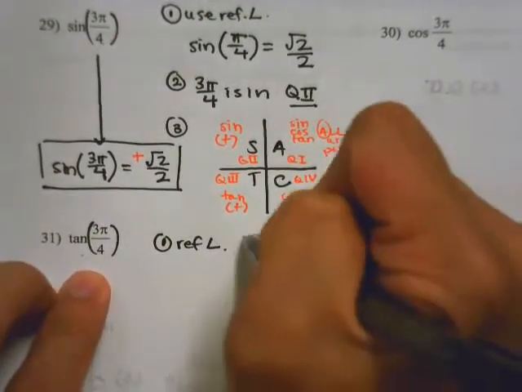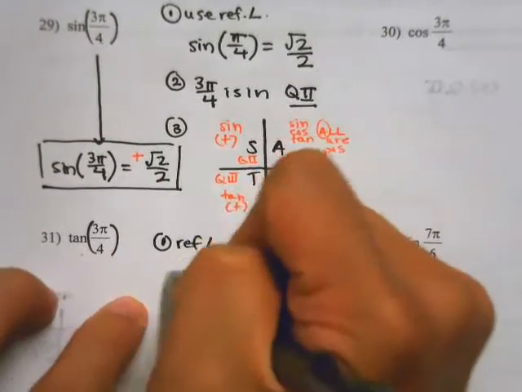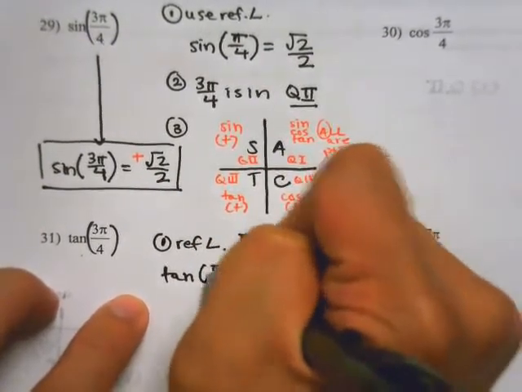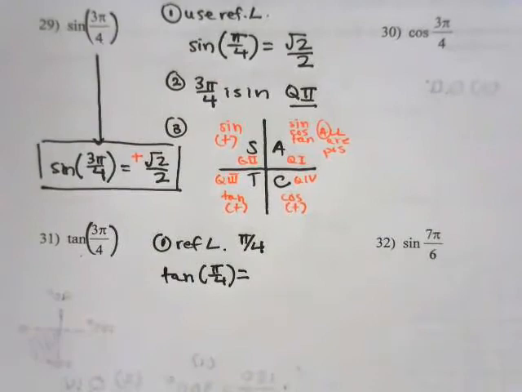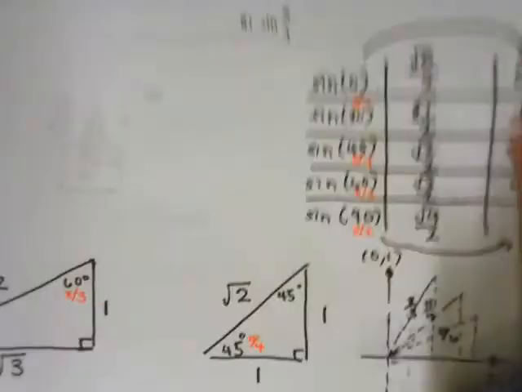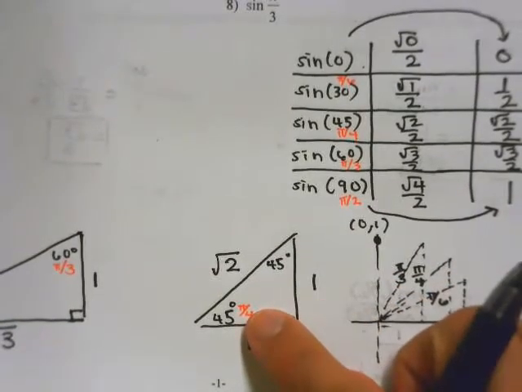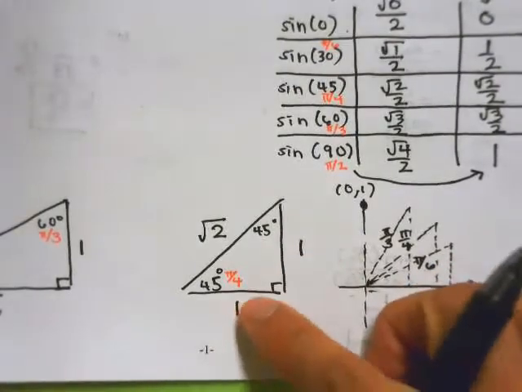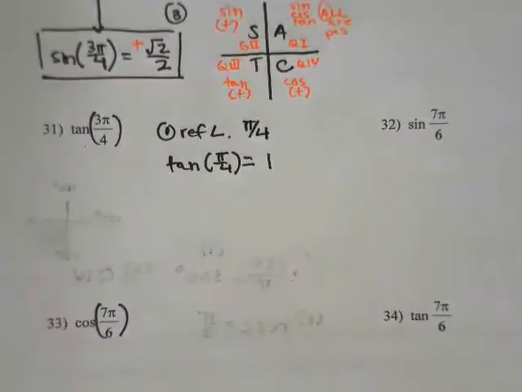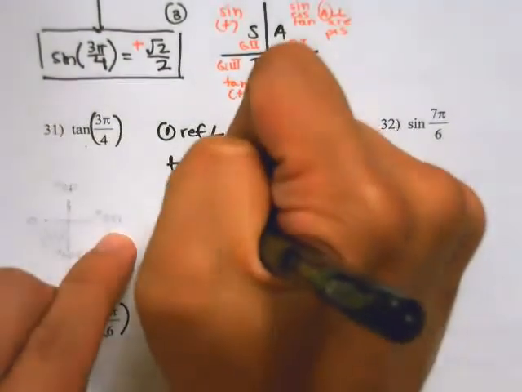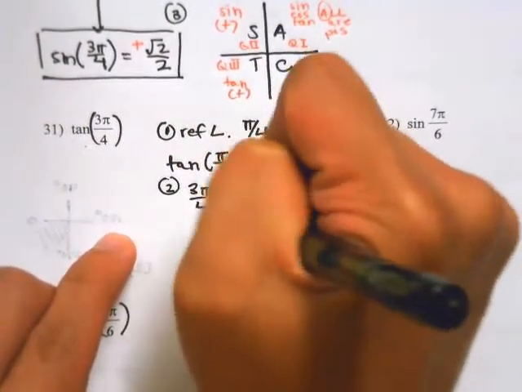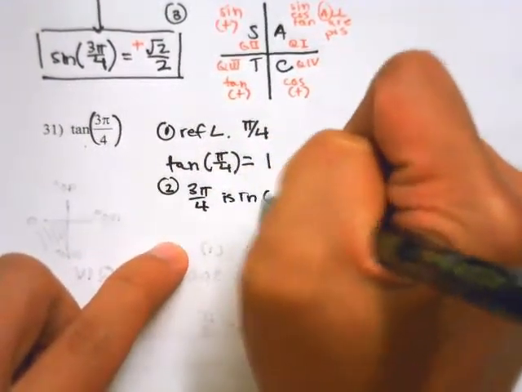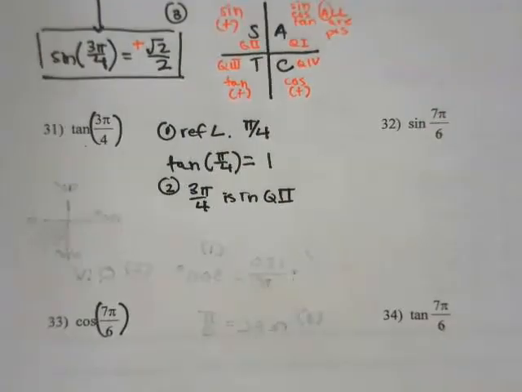The reference angle is pi over 4, so let's evaluate that first. Tangent of pi over 4. Well, I didn't quite do the homework, so let's just go ahead and do that. Tangent of pi over 4 is opposite over adjacent, so that's 1 over 1, which is 1. Okay, we know that much. 3 pi over 4 is in quadrant number 2 because that's what we said on number 29.